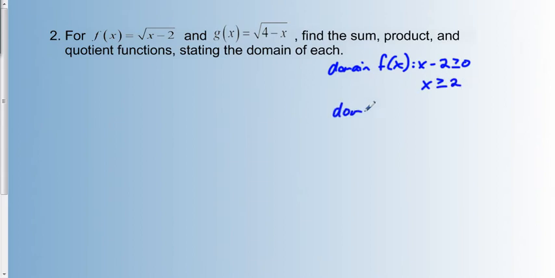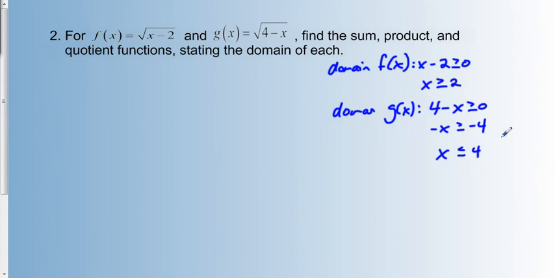The domain of g of x, 4 minus x, has to be greater than or equal to 0. So the opposite of x has to be greater than or equal to negative 4. Divide by negative 1 and flip the signs. X less than or equal to 4.